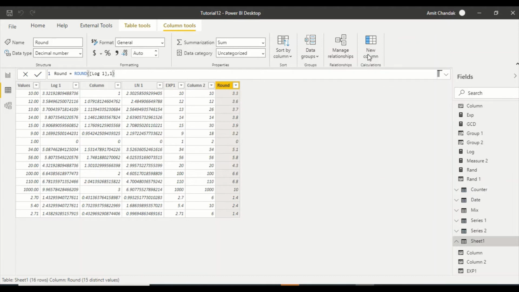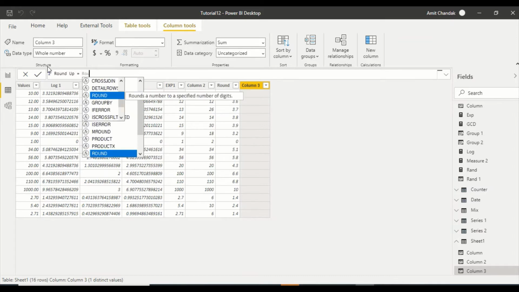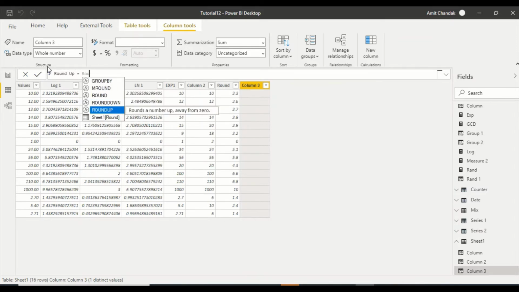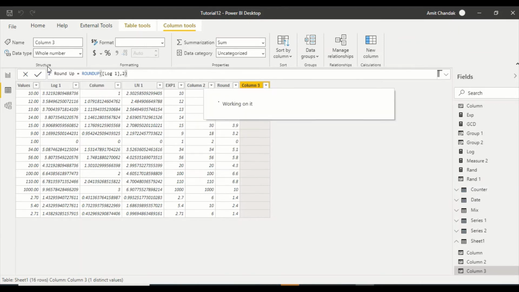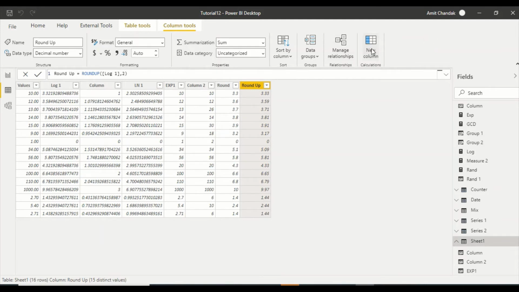How do they make a difference for us? So let's try round up. We'll create both the columns and try to understand them. So round up, again we are going to take the log1 column, and let's start with 2. Let's create one more column, and we'll compare all three of them.